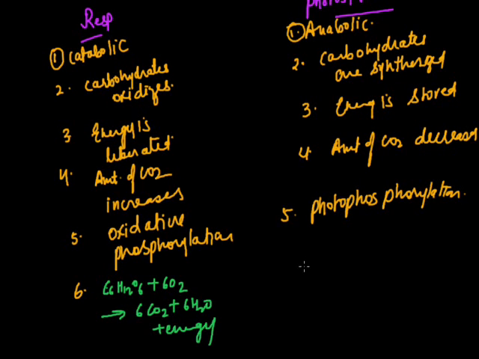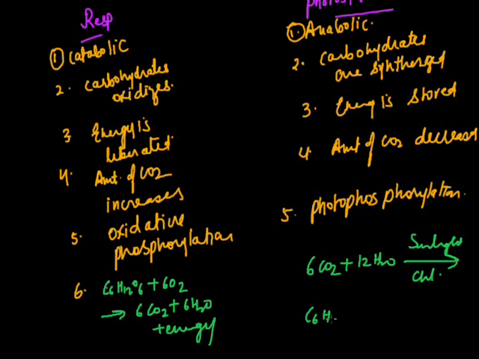On the other hand, the equation for photosynthesis is not exactly, but a slight reverse of this. Here 6 molecules of carbon dioxide combine with 12 molecules of water in the presence of sunlight and chlorophyll, and it will release products like C6H12O6, which is carbohydrate, and 6 molecules of water.